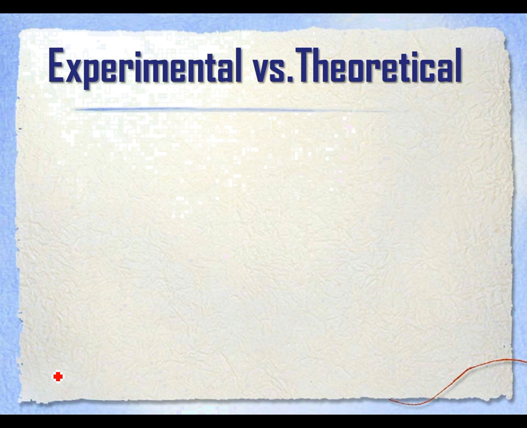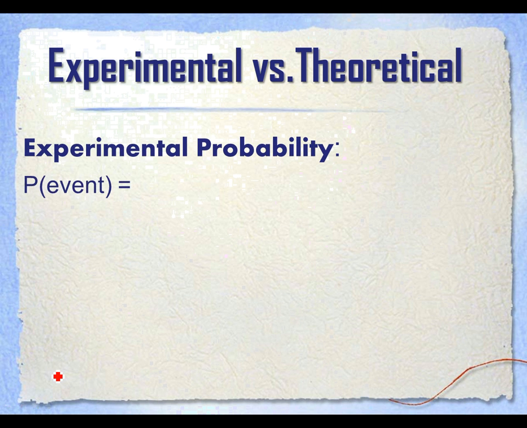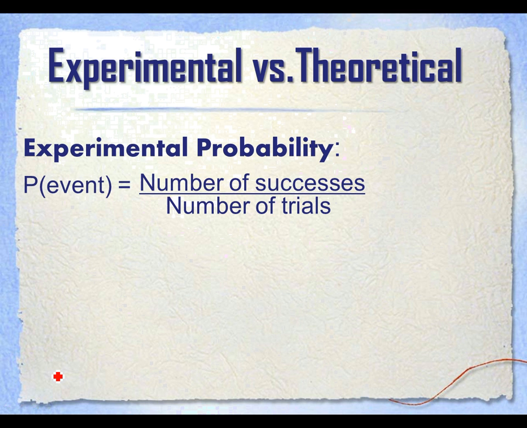So let's go ahead and talk briefly about experimental versus theoretical. Experimental probability is when you take the number of successes and put it over the number of trials. So number of successes over the number of trials. Experimental probability is almost literally defined in its name. It depends on the experiment that you do.